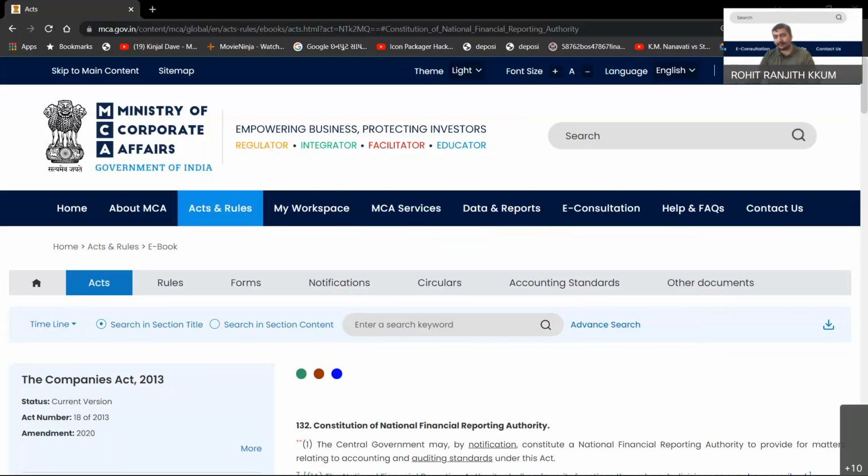Only ICAI's members have that capacity because they can understand the balance sheet and profit and loss account by heart. So what to present, what not to present, only an Indian chartered accountant could understand. But now that power is taken from ICAI, and you won't believe it, now NFRA will prepare accounting standards.